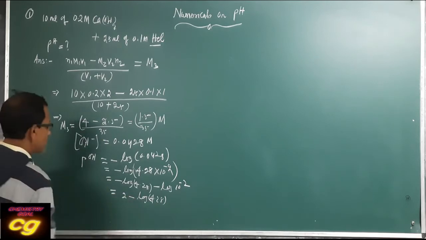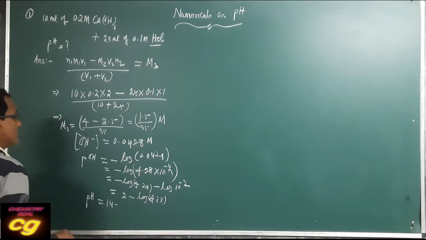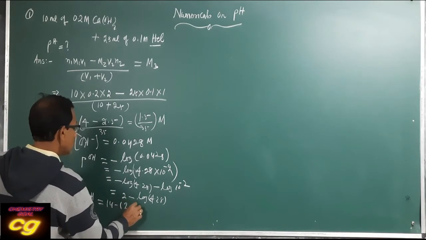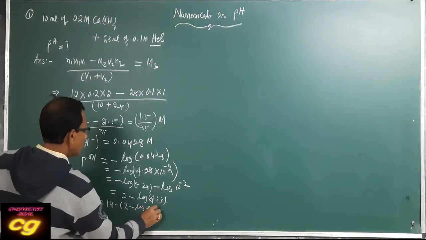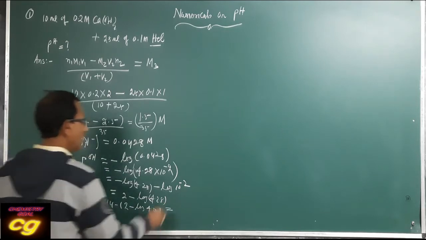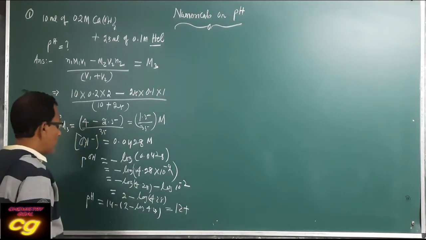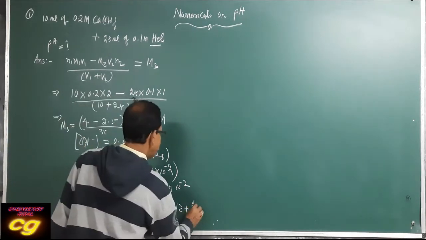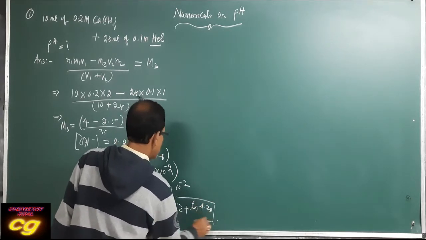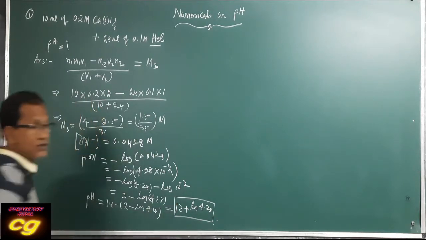If pOH is this much, then pH is equal to 14 minus pOH, that is 14 minus 2 plus log 4.28. The result will be 12 plus log 4.28. So this is the actual value, that means the pH value is 12 point something.